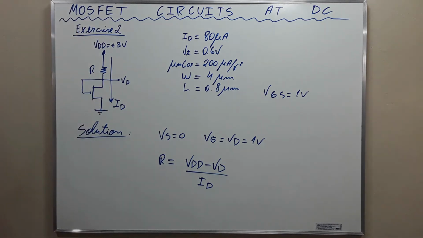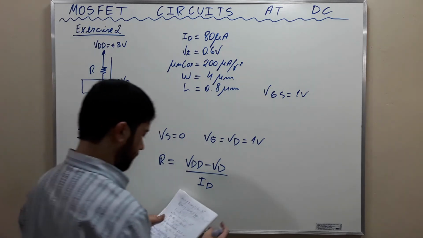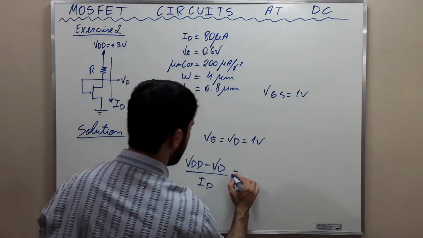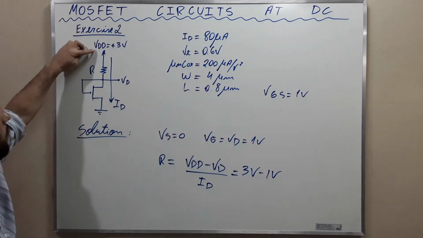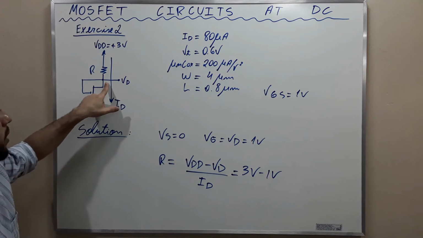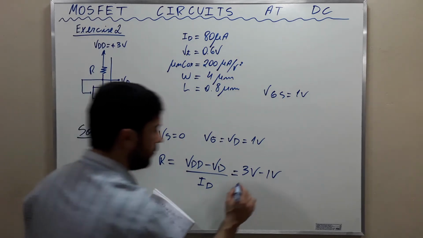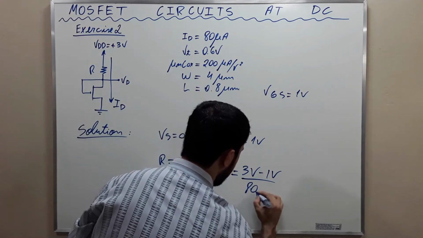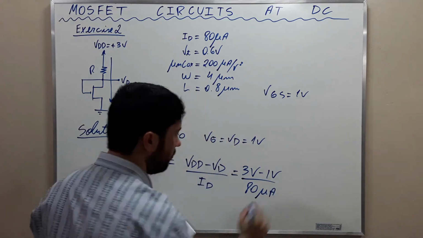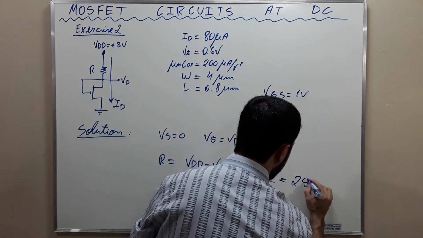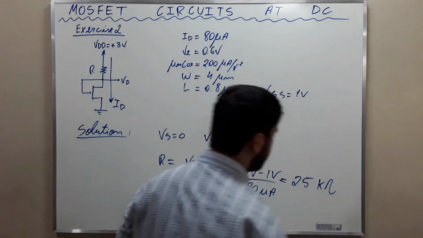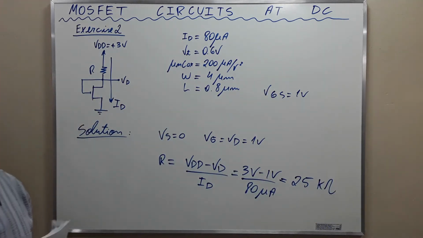If we divide by the current, we get 3 volts minus 1 volt. 3 volts here, 1 volt here, divided by the current, 80 microamperes, and we find the value of 25 kilo ohms. Okay, this is the last result of exercise 2.